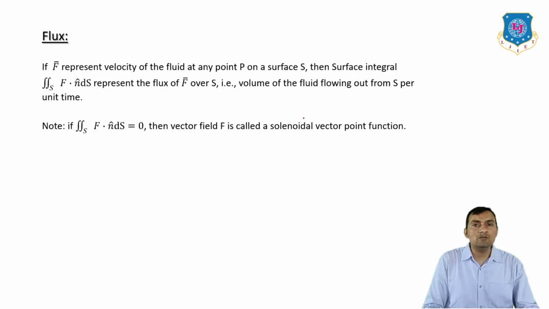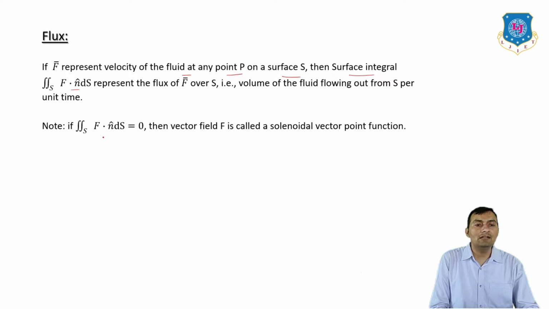Now, we have also studied the flux. If F represents the velocity of the fluid at a point P on the surface S, then the surface integral, the double integration of F dot n cap dS, represents the flux of F bar over S. Here it means the volume of the fluid flowing out from S per unit time.